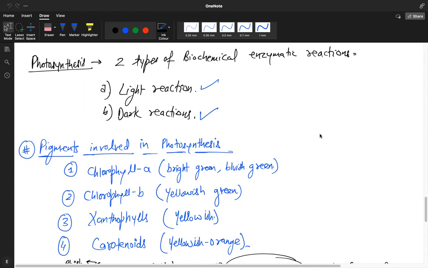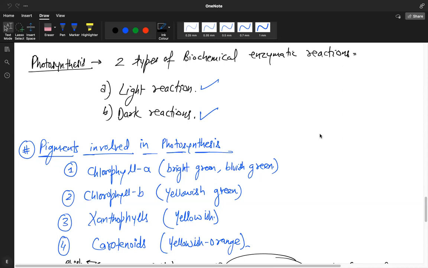So this part of the photochemical reaction is known as light reaction because it is dependent on light and it can be only carried out during the day. As a result of the light reaction, ATP and NADPH are synthesized in the cell. These are basically the energy molecules which contain energy in the form of bonds.